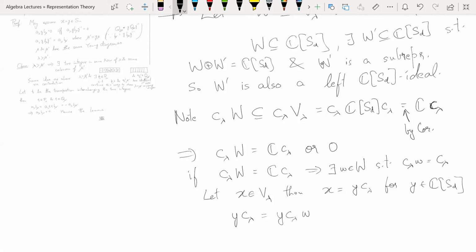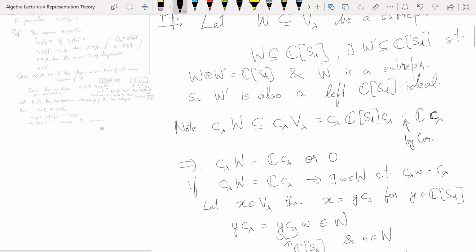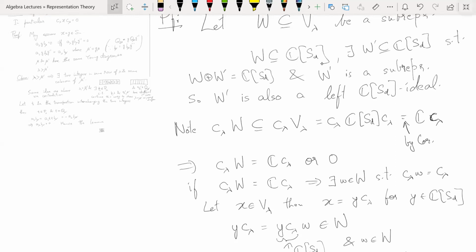This is in CST, Y times C lambda, and w is in capital W. W is a submodule, so the action of this on this is still in W. So this belongs to W, which implies Y times C lambda is in W, which implies V lambda equals W. So if C lambda W happens to be the scalar times C lambda, then W has to be the whole of V lambda. Is this okay so far?